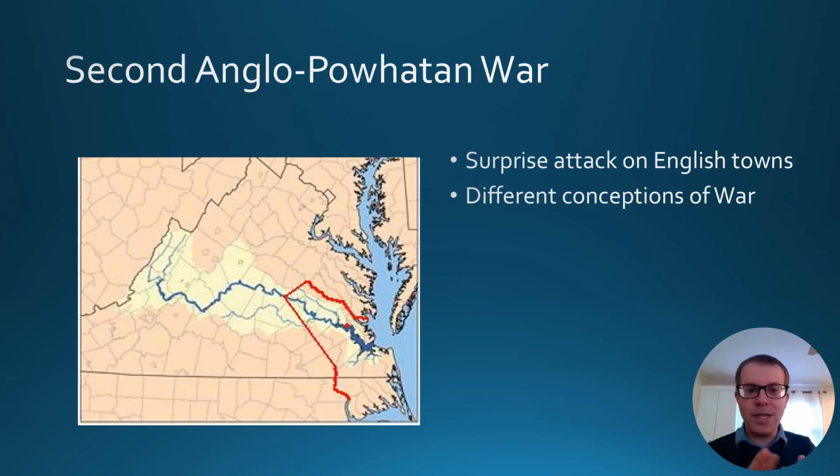One of which is that the English begin engaging in Christianization of local Algonquin peoples, and they begin spreading Christianity. And English settlers also begin moving into Powhatan lands.